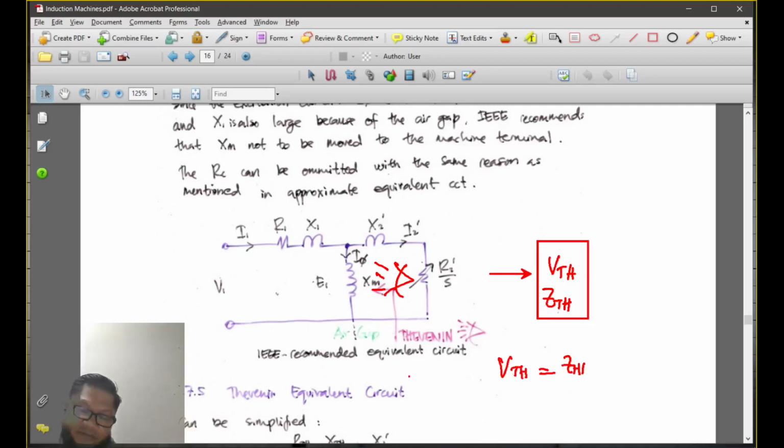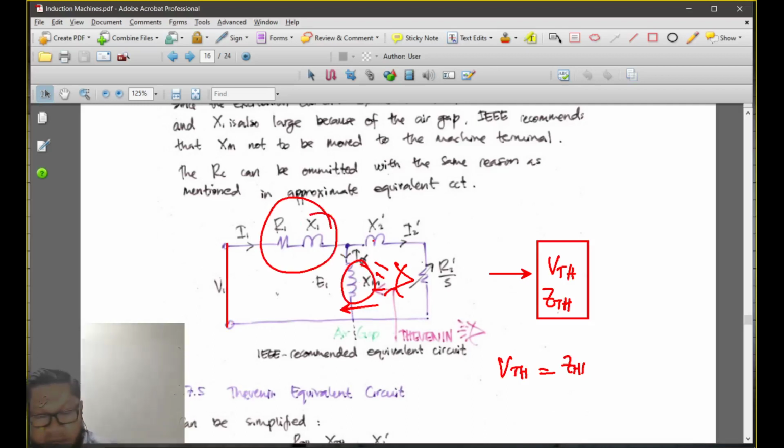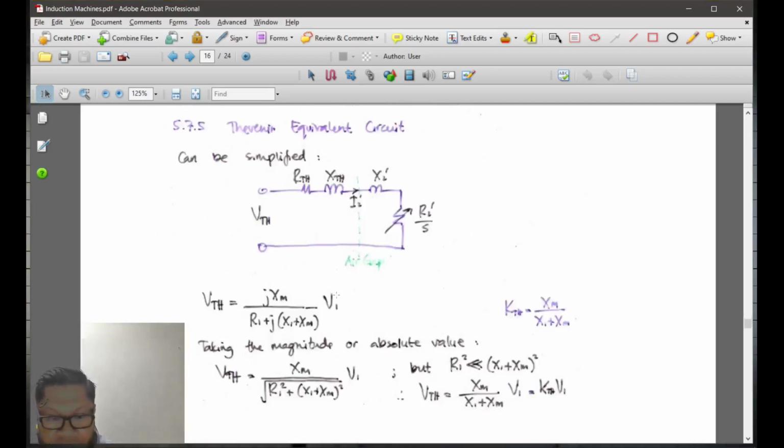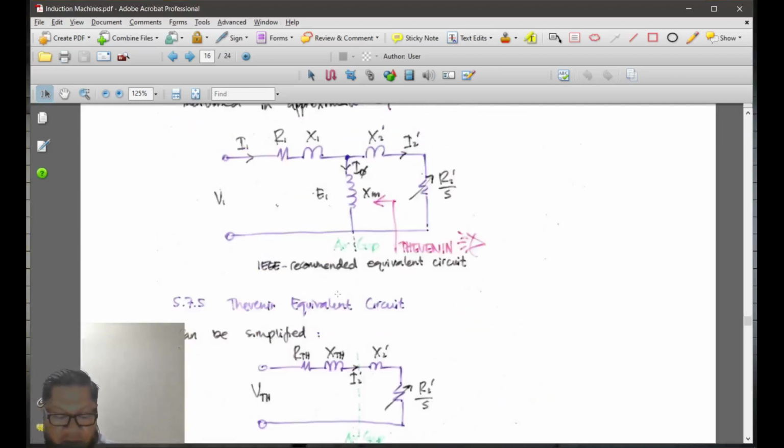In order to get the VTH, you short circuit the voltage source, and then look from here to the left hand side. You're going to see that XM is in parallel with R1 and X1. So that gives you ZTH.